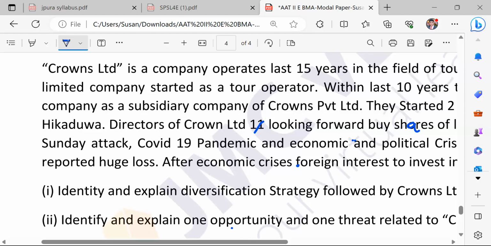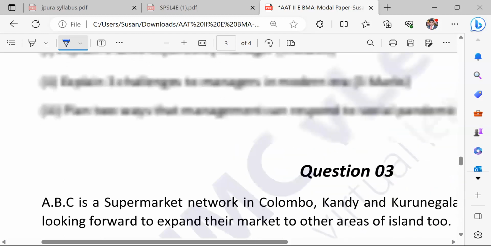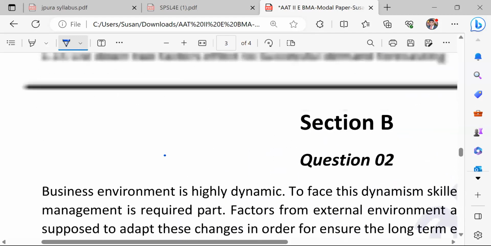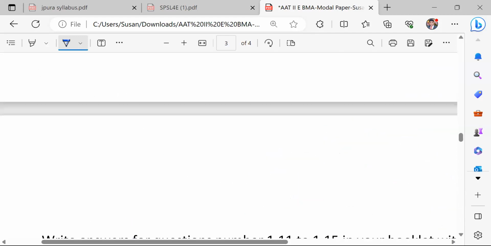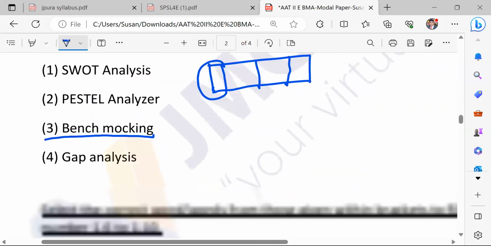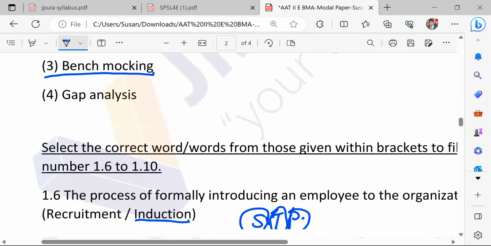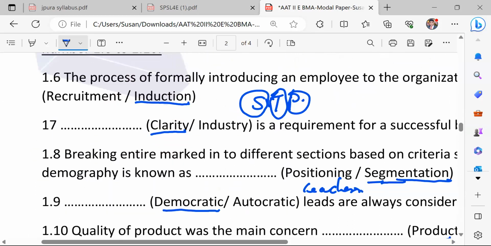This is the paper I wanted to discuss, right? It was the complete paper. I think you got a certain idea about how the questions are asked and the way you have to write them, right? Okay, now I think you have understood very well how we answer these questions.